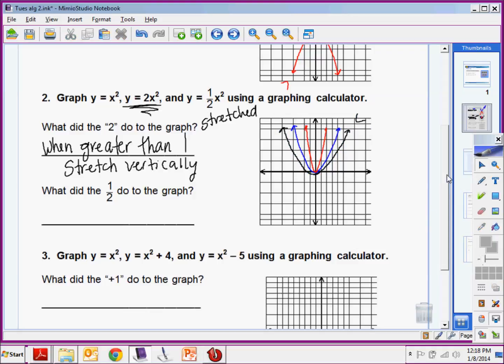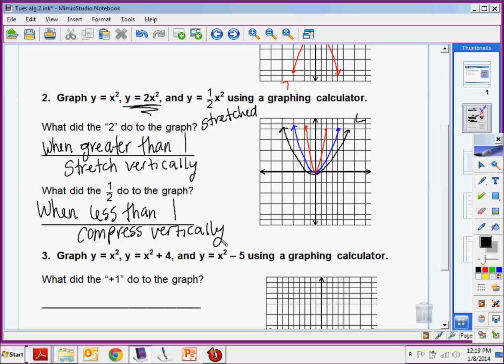All right. So this is going to end up compressing. If it's greater than 1, it's going to stretch. So when it's less than 1, it's going to compress. Now, when I say less than 1, we're talking less than 1 but greater than 0, because we don't care about it being negative.